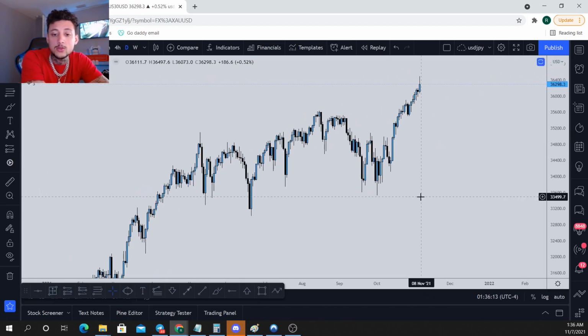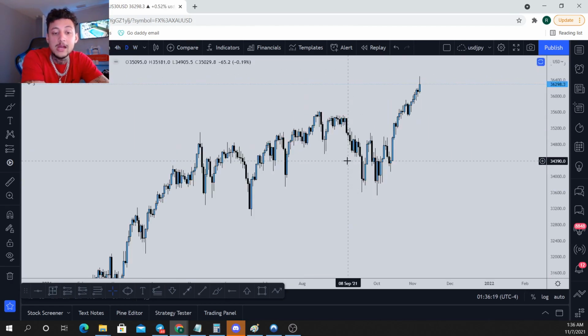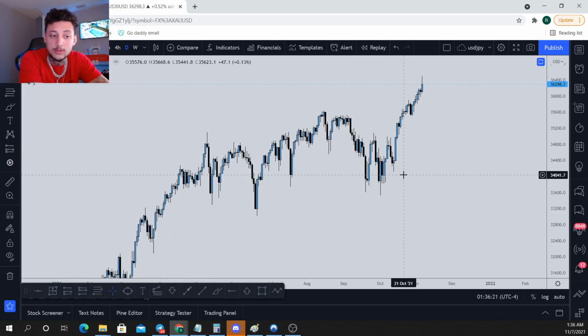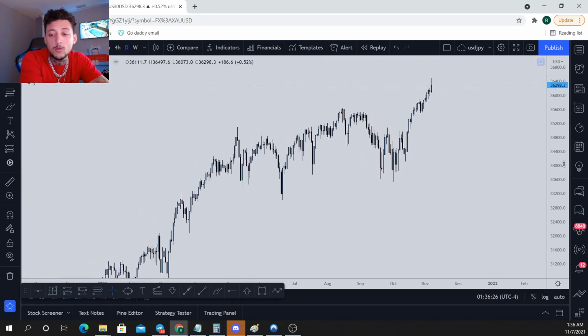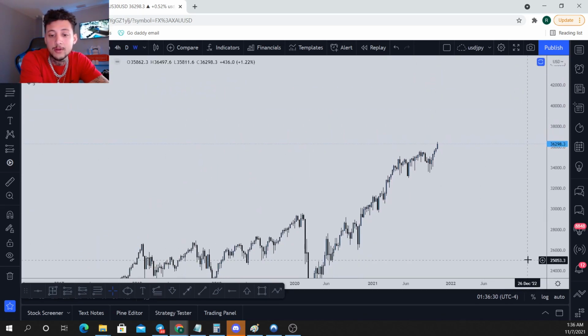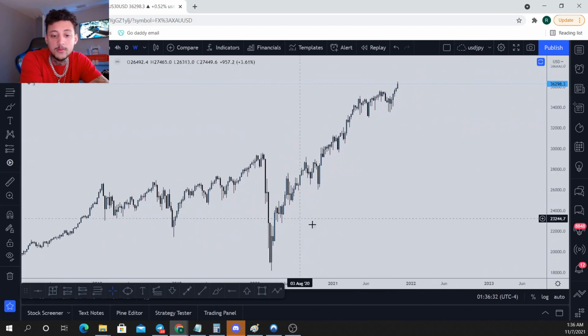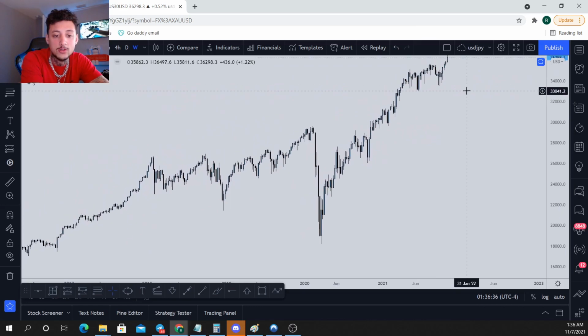So going back to our original notes, if we look at the daily time frame, the weekly time frame, the 4-hour time frame, each and every single time frame has its own trend. Now, typically what you want to look for is the higher time frames. What is the weekly time frame doing? Going back to our notes, it's moving from, if I were to put it like this, the bottom left hand to the top right hand side of our screen, meaning that we're in a bullish trend.